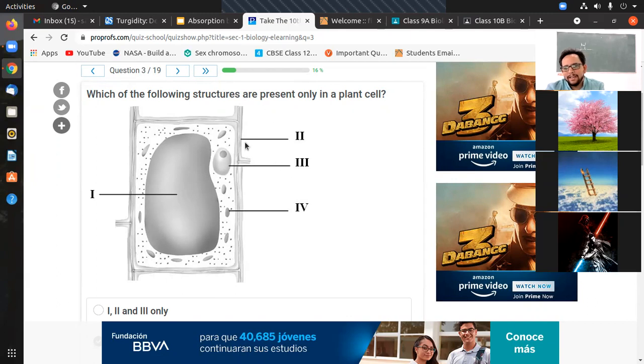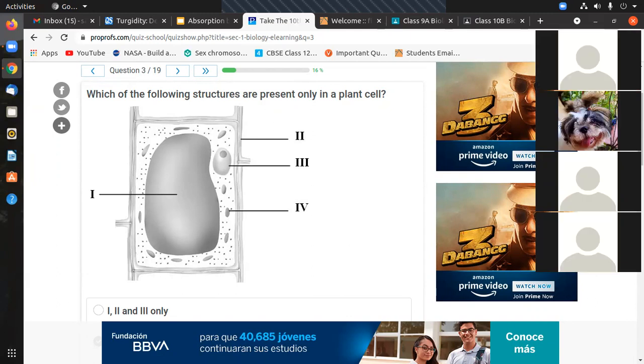Is the cell wall present in the animal cell? No. People, sleepy, sloppy people, wake up. No, that's why he said two, right? And I said one. I know it's two, but it should be one as well, because it's a large vacuole.